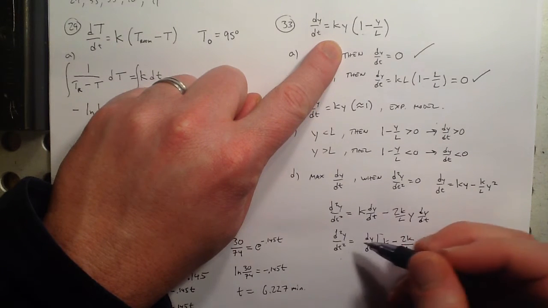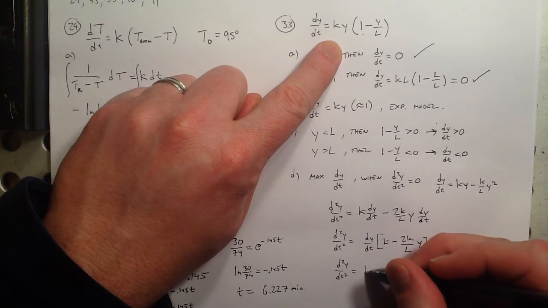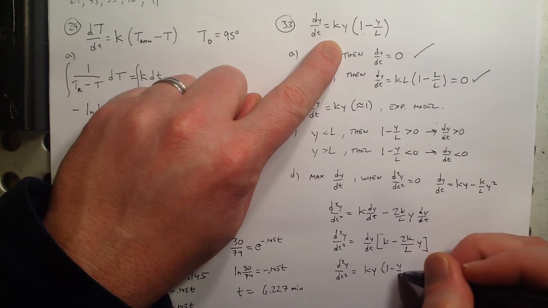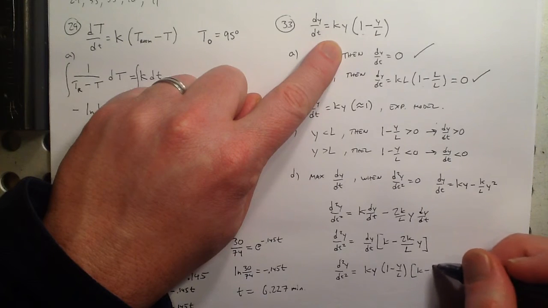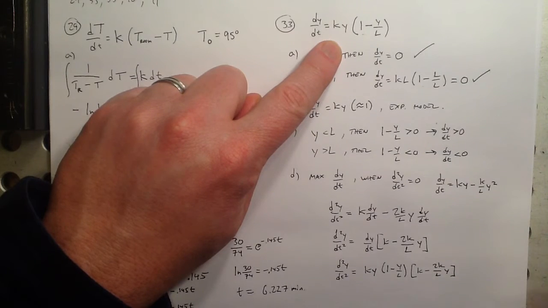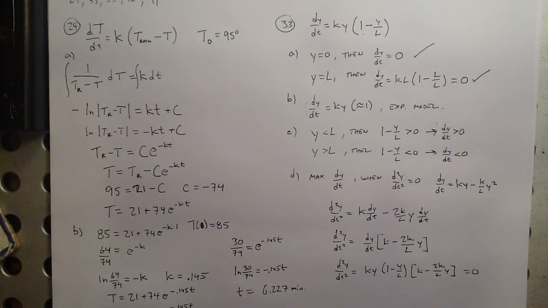So if we want this to be equal to 0, it's all in nice factored form here.